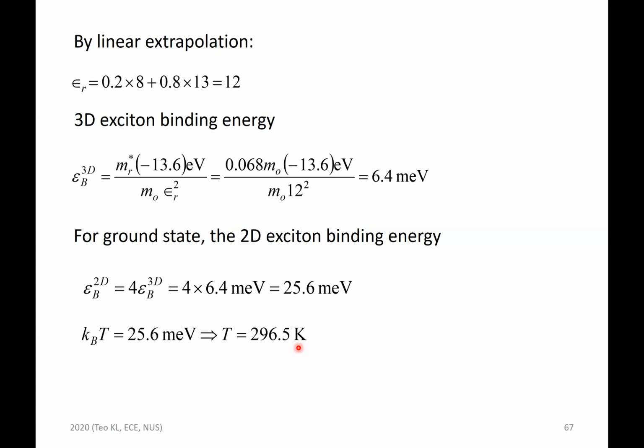For the 3D case, 6.4 meV, you can't see the exciton for gallium nitride arsenide as an alloy at room temperature. But if you use it as a quantum well, the binding energy is 4 times larger. Therefore, you are almost able to see the exciton effect in the two-dimensional case for a quantum well.